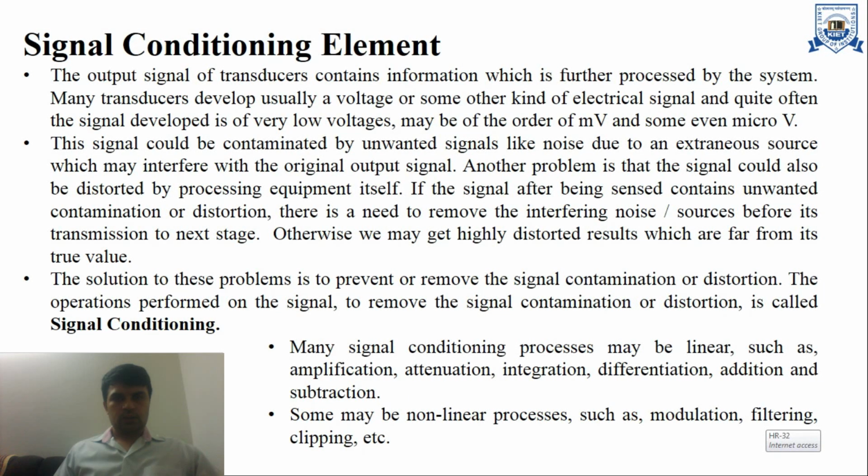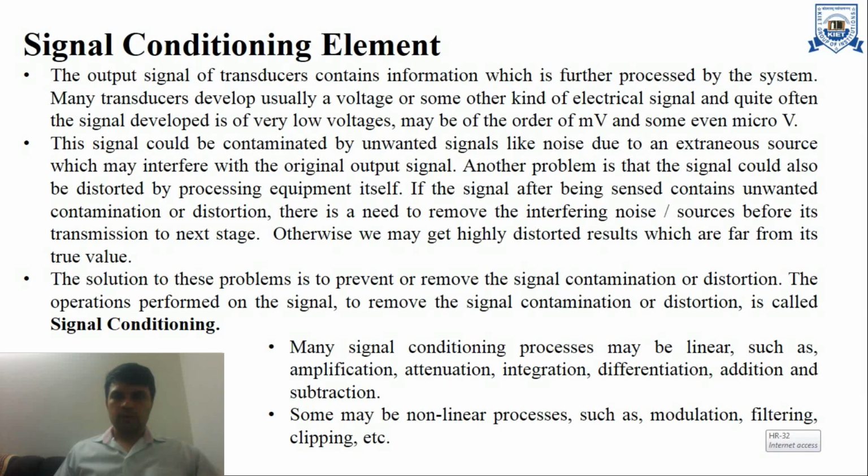Many transducers develop usually a voltage or some other kind of electrical signal, and quite often the signal developed is of very low voltage, maybe of the order of millivolts or microvolts. In that case, we have to amplify our signal, or we have to use signal conditioning.